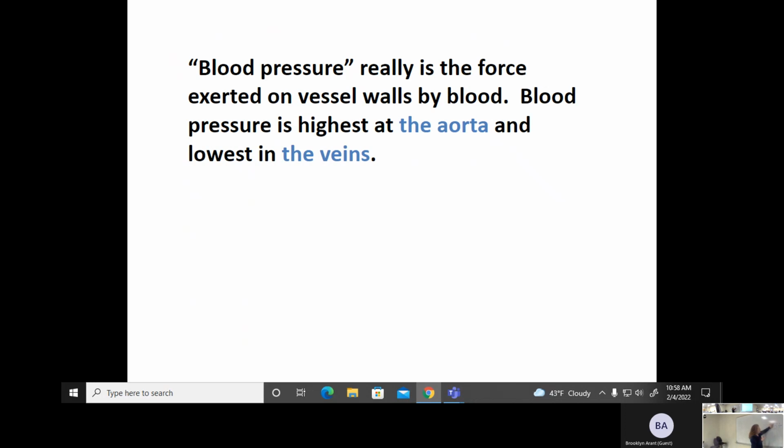As the blood is moving through the blood vessel, it's pushing on the walls and creating pressure on the artery walls. So blood pressure is the force of blood pushing from the inside and putting pressure on the walls.